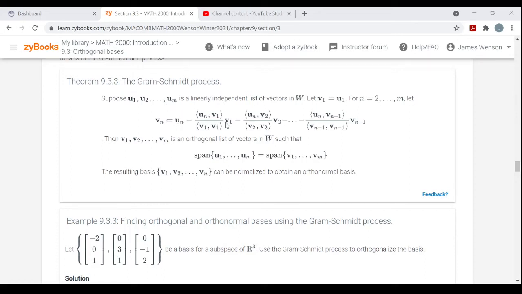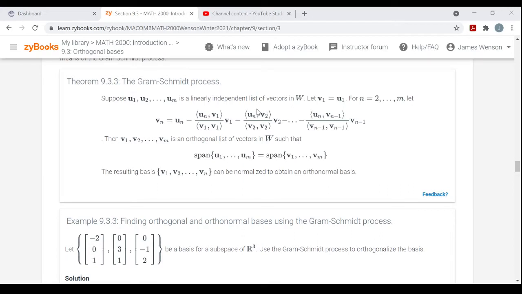and then from that you subtract the projection. You subtract the projection of this un onto all the previous v vectors that you created. Remember the formula for the projection of vector un onto v1 would be the inner product of un and v1 divided by the inner product of v1 and v1, times v1.